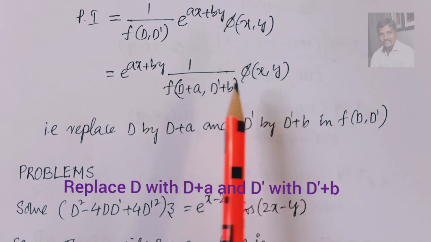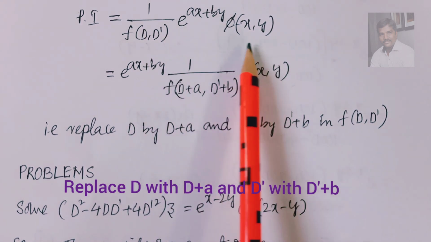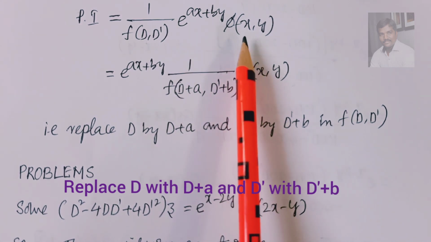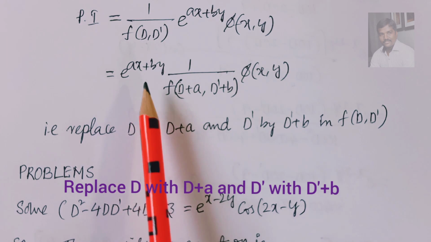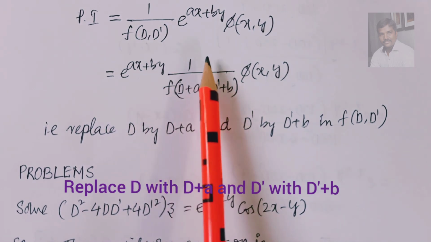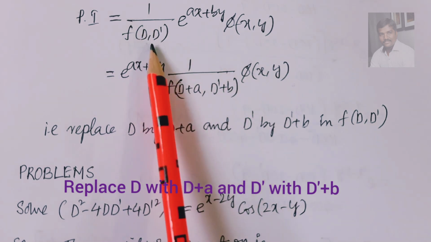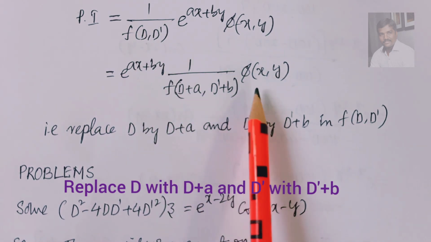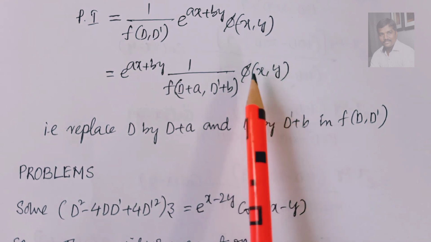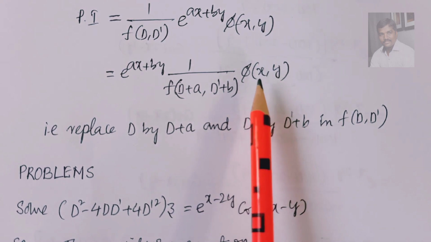Whenever there is a combination of an exponential function with any trigonometric or algebraic function, you have to follow this: first write e power ax plus by, then replace D with D plus a and D dash with D dash plus b in 1 by f of D, D dash into phi of x comma y. Then we operate on this function according to the rules to find the particular integral.